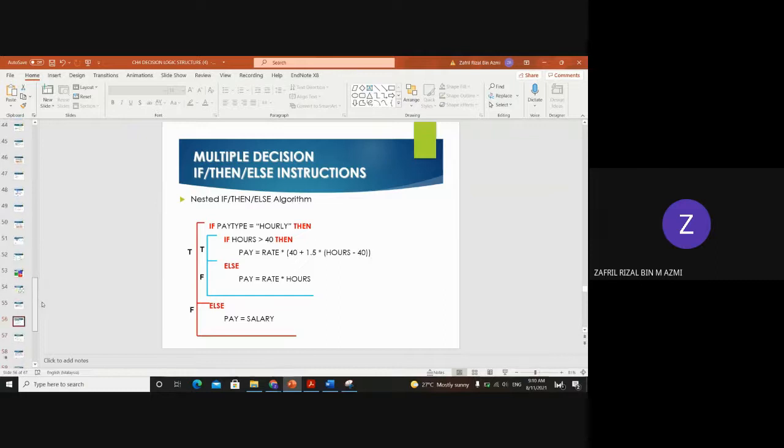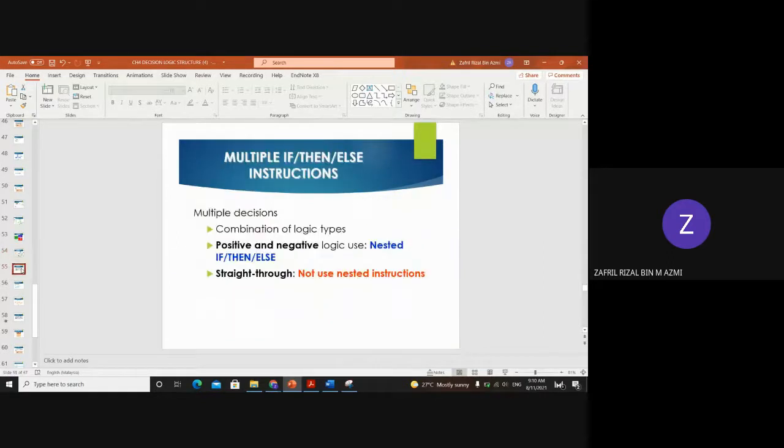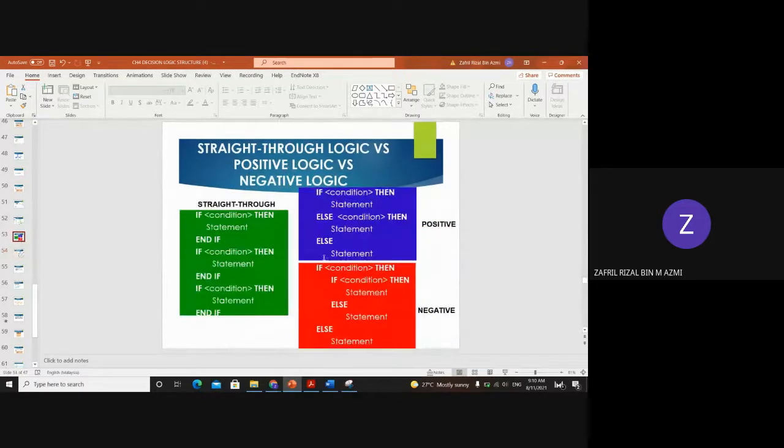Let's look at positive. This is positive. Is it similar? No. It's quite similar with negative.